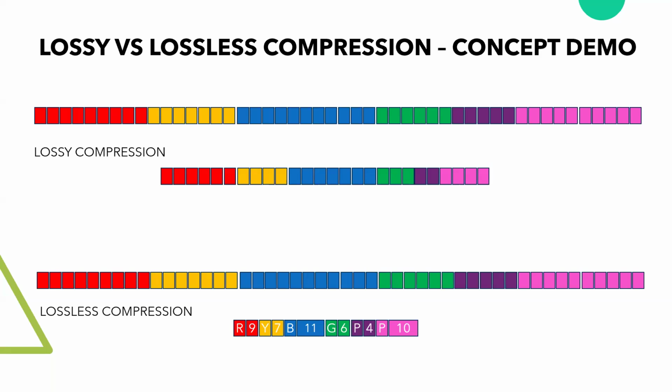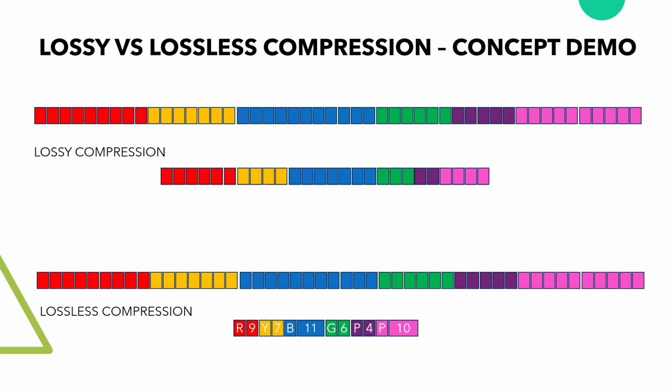Lossy is, let's look at this illustration here. It is lossy because if you check the first line of blocks there, they are actually the original.